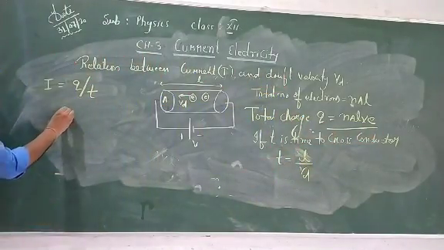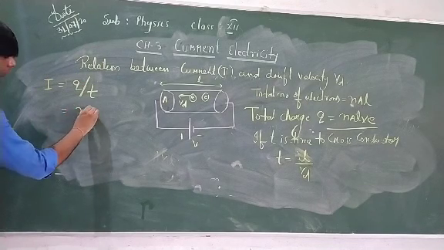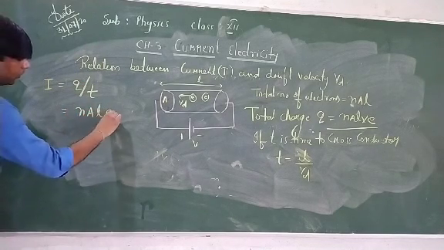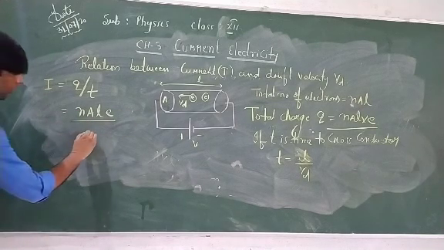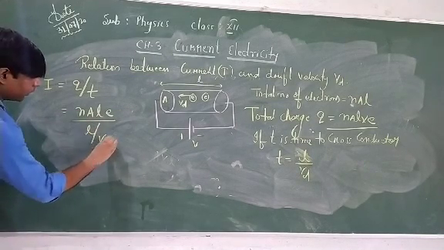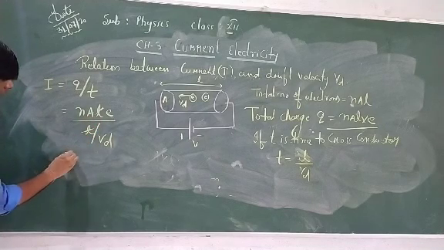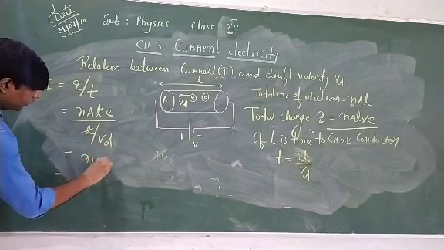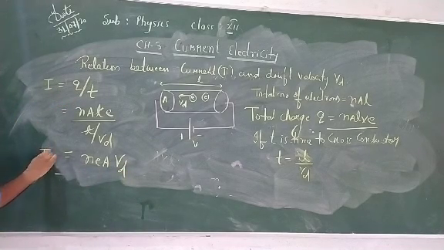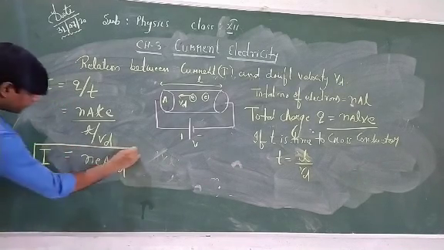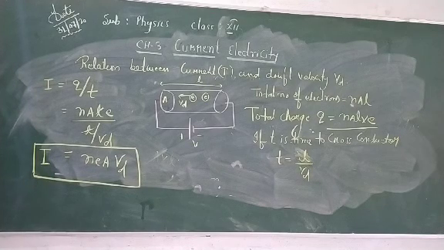Let's put the values. So I is equal to this expression, and this is the relation between the electric current and the drift velocity.